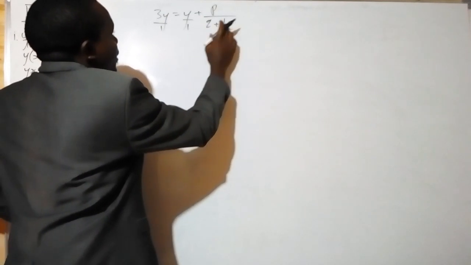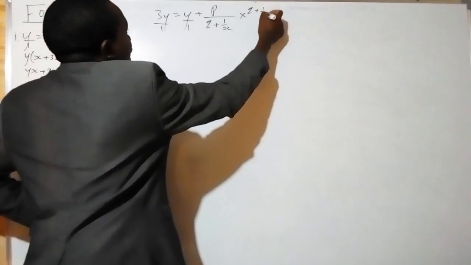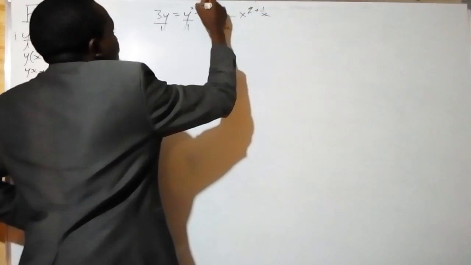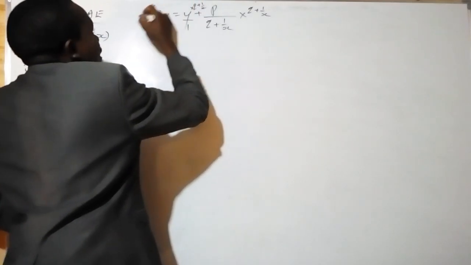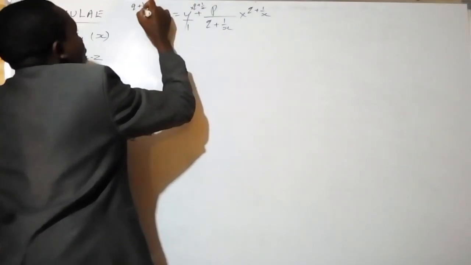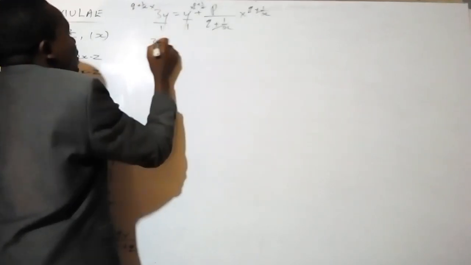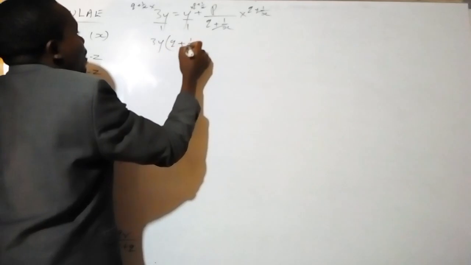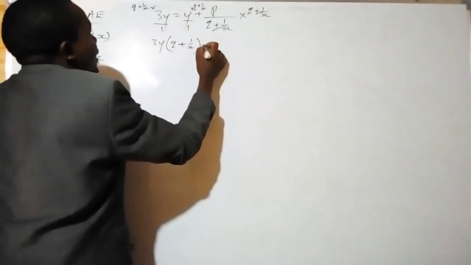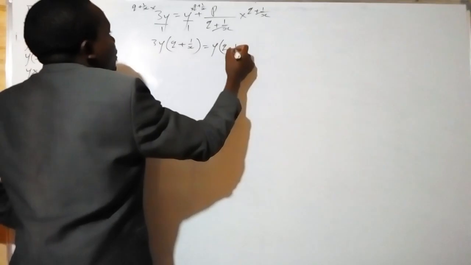We multiply throughout by q plus 1 over x, here the same, and the same to this side. Then you are going to have 3y, open the bracket, q plus 1 over x, equals y, open the bracket, q plus 1 over x plus p.